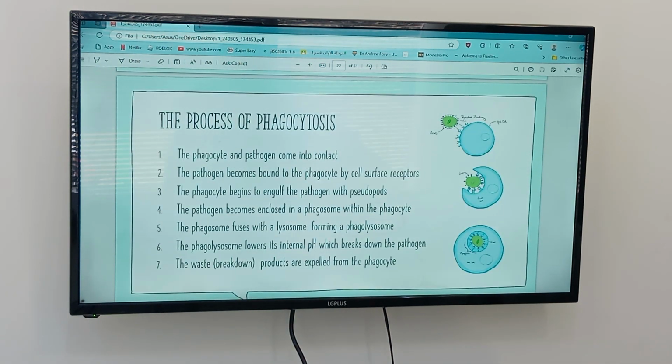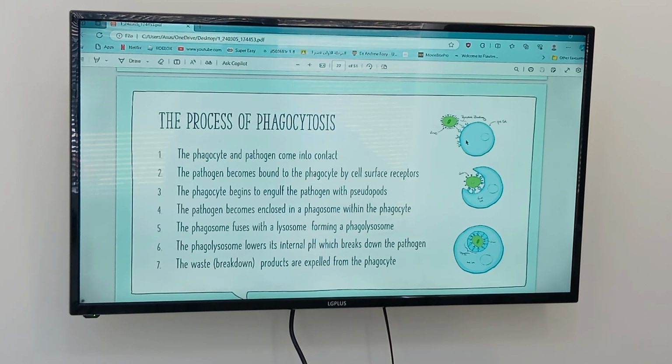The process is the same as we saw before. Look, these are the receptors on the normal cells. These receptors go up on the membrane at the surface of the cell.